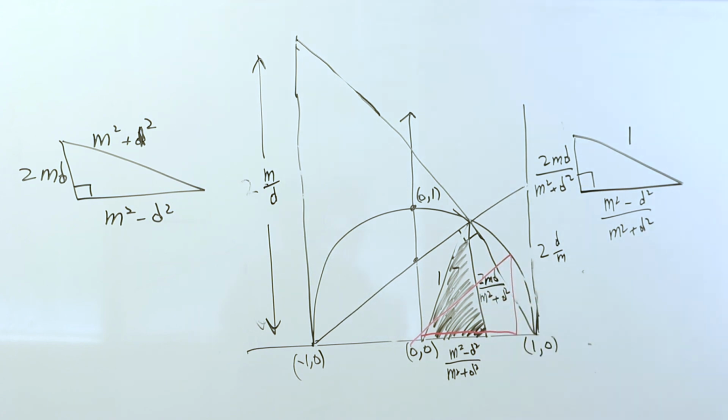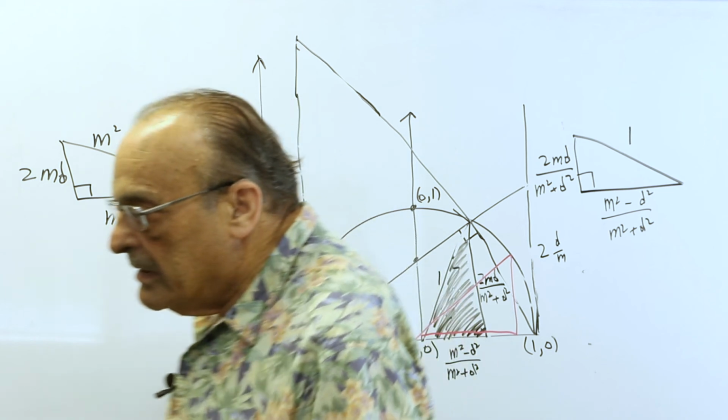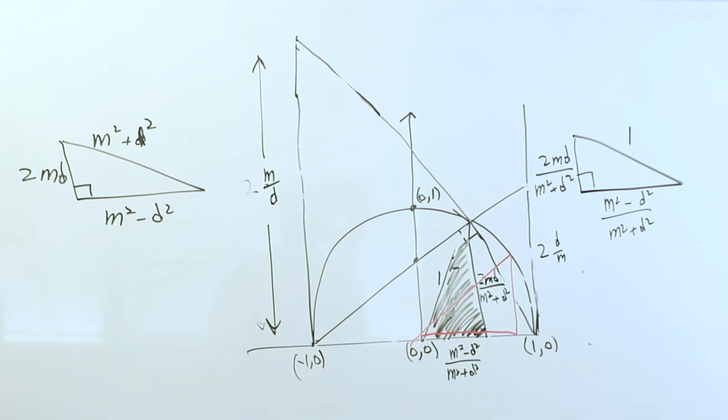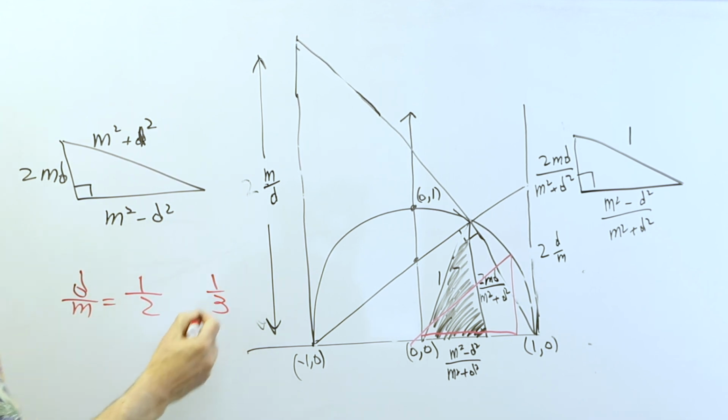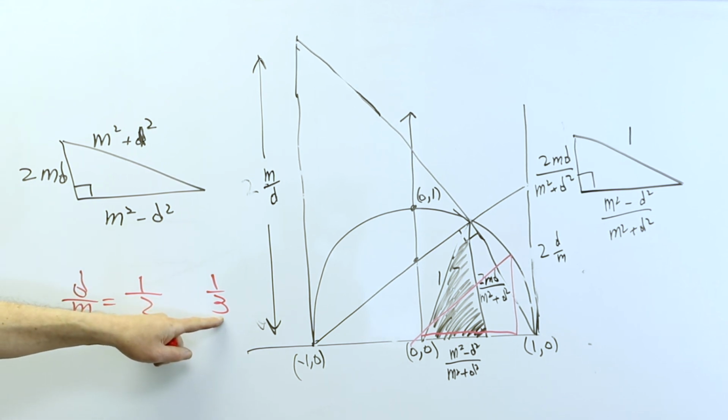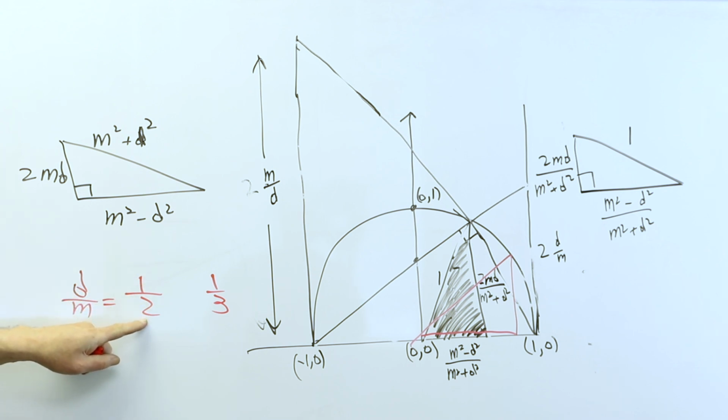So if you don't want to get duplicate answers, all you have to do is worry about the parity of m and d. So if you let one of them be even and one of them be odd, so in other words, your fraction d over m, we can use fractions like 1 over 2, where you have an odd and an even. But we won't use a fraction like 1 over 3, because it turns out using 1 over 3 will give you the same triangle as 1 over 2.